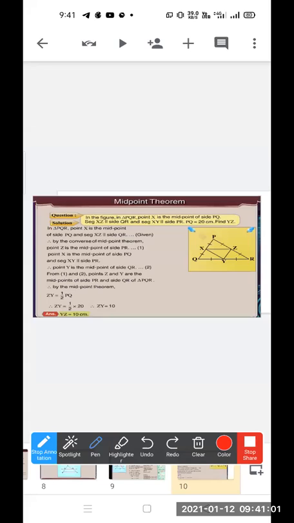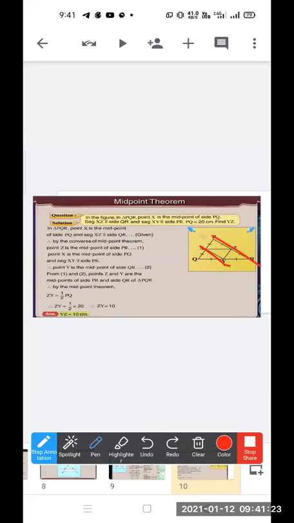Next, X is the midpoint of PQ, and Z is the midpoint of PR. Therefore, segment XY is parallel to segment PR. Here XY is parallel to PR, given.